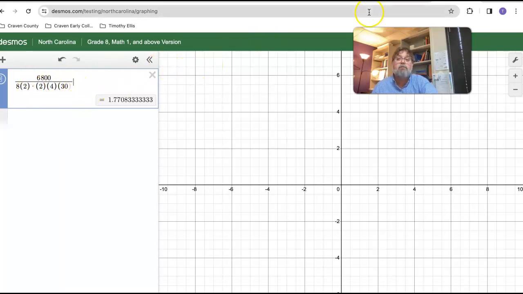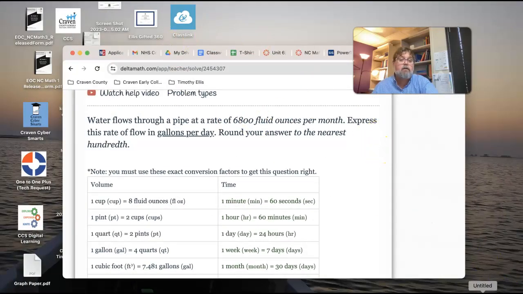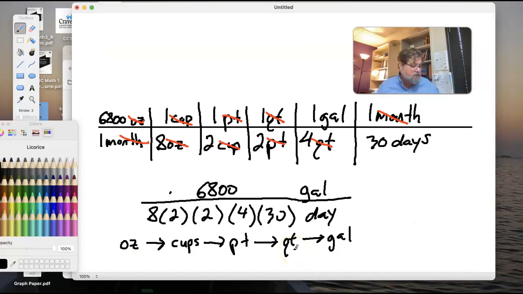It looks like we're getting 1.77 if we round to the hundredths place. So that's approximately 1.77 gallons per day.